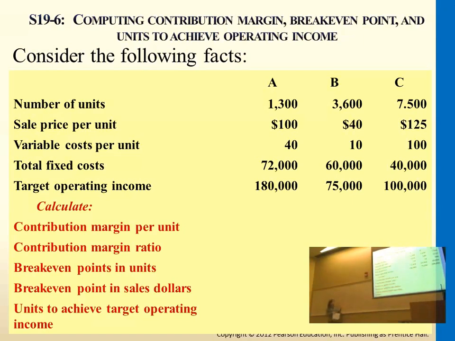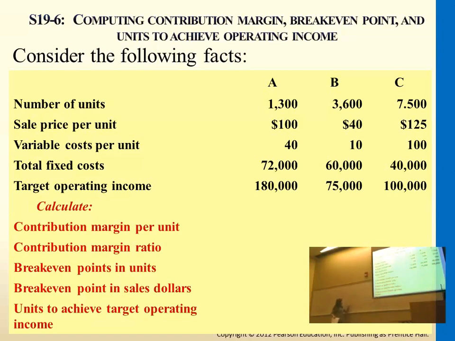So what is the break-even in units? We have $72,000 of fixed cost, and the $180,000 is left for the target operating income. Remember, for break-even point we're using 0, so that target of 180,000 will be useful for the last one.